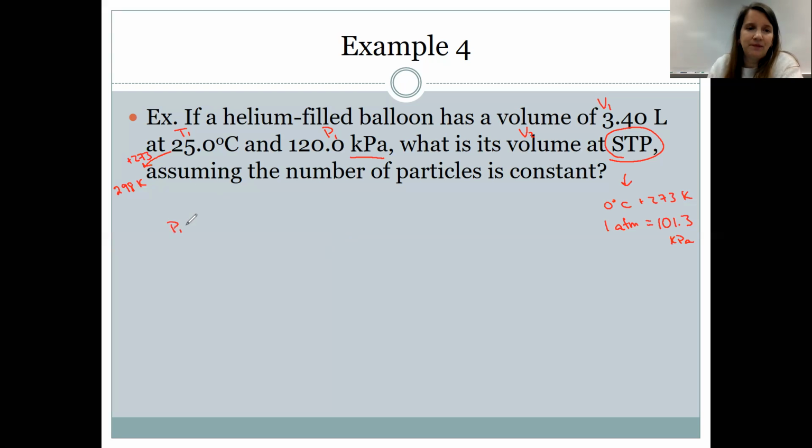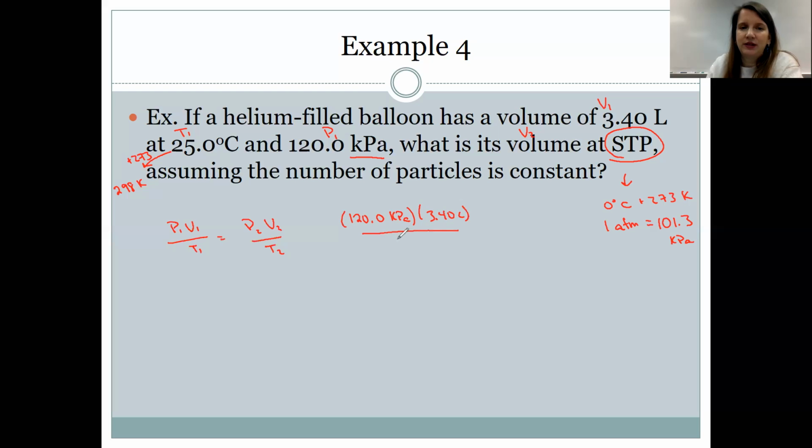So I've got P1 V1 over T1 equals P2 V2 over T2. So I've got my pressure 1 is 120.0 kPa. My volume 1 is 3.40 liters.